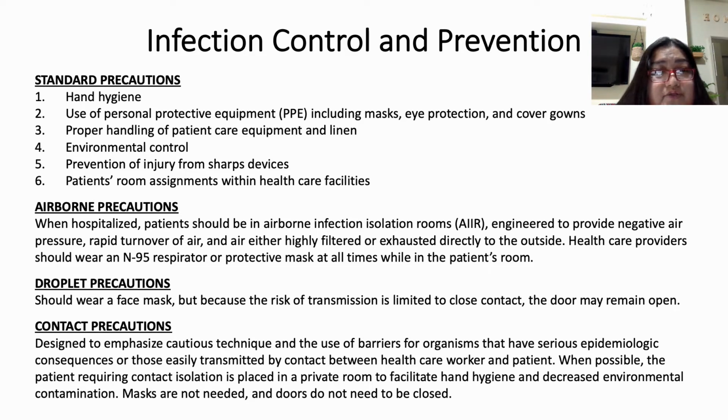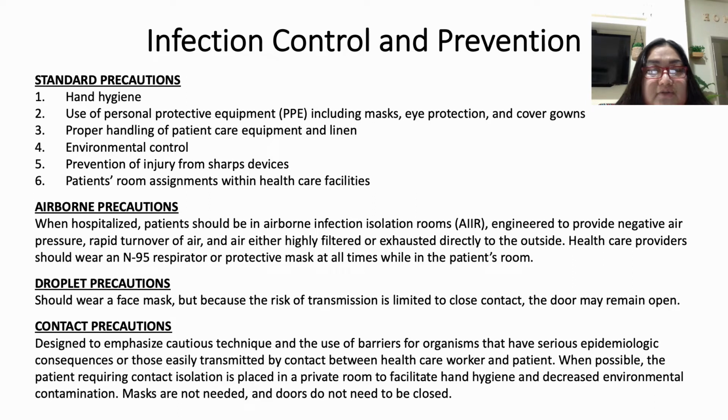Healthcare providers should wear N95 masks at all times kapag nandoon sa loob ng patients' rooms. They are required for patients with presumed or proven pulmonary TB, chickenpox, or other airborne pathogens.